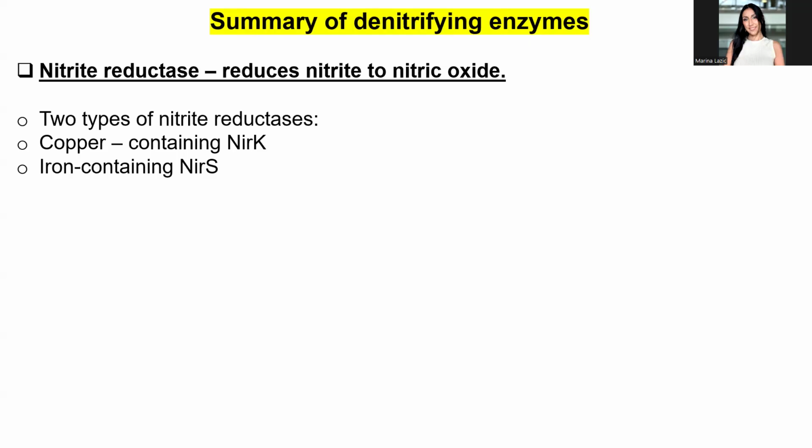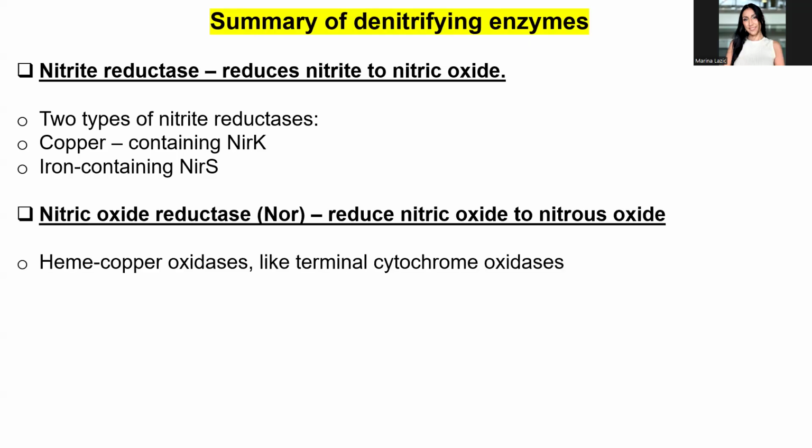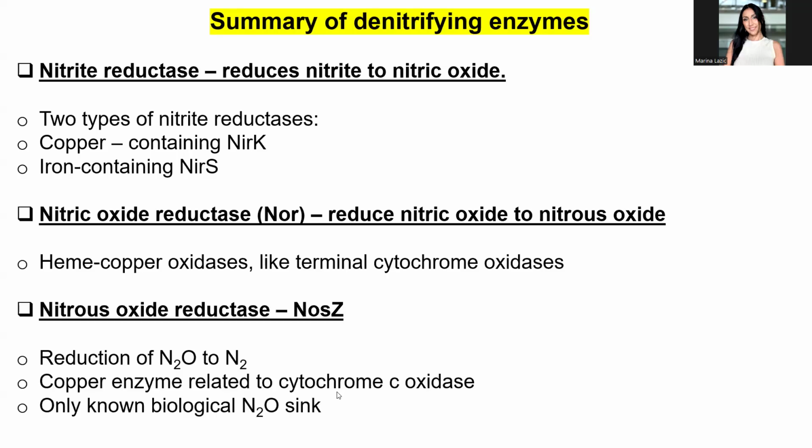Then nitric oxide reductase, or NOR, is a copper oxidase, similar to terminal cytochrome oxidase. And the nitrous oxide reductase, which is very significant, performs the reduction of nitrous oxide to nitrogen, and it is also copper. This is the only known nitrous oxide sink, and you can see that most of them contain copper or iron.